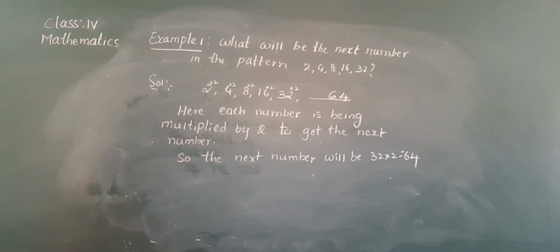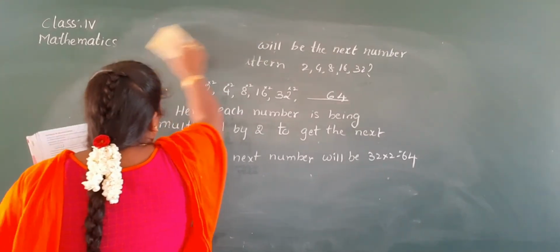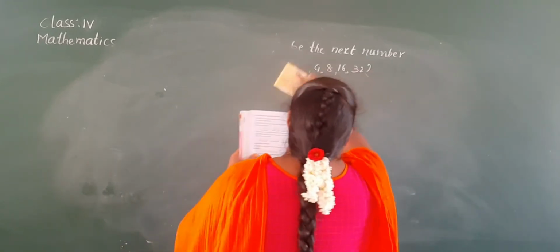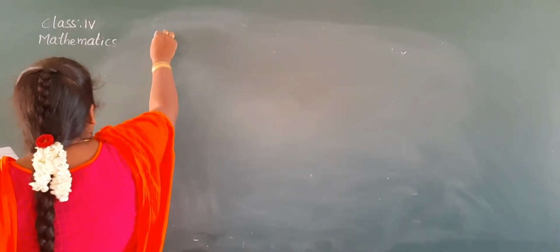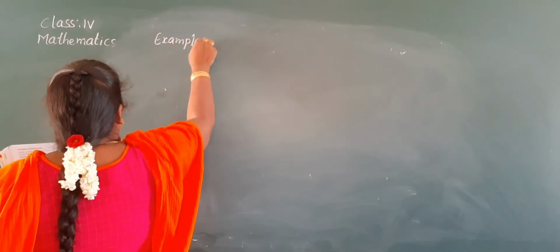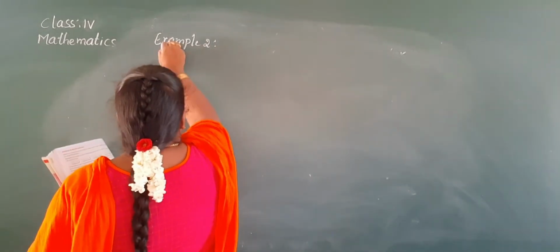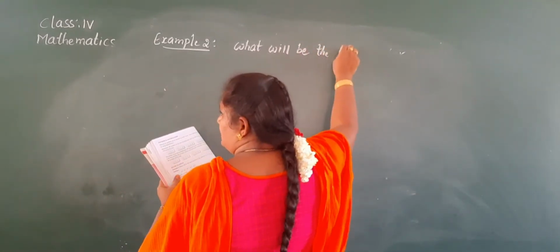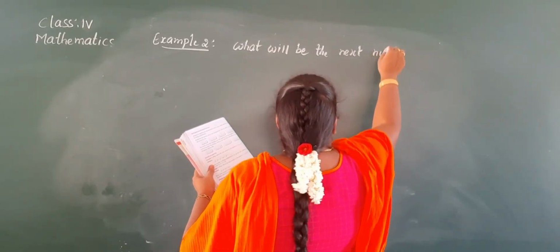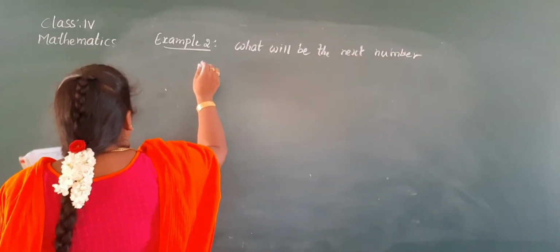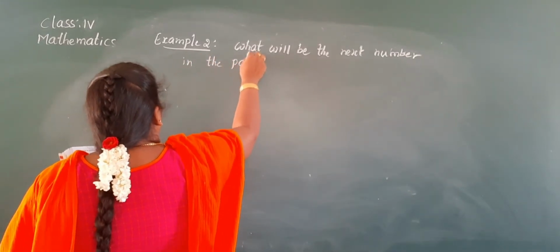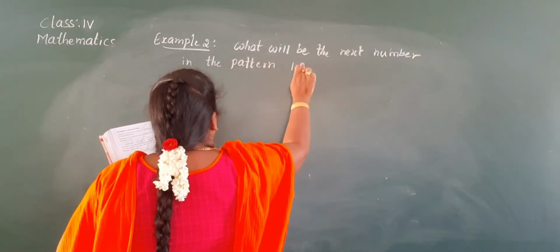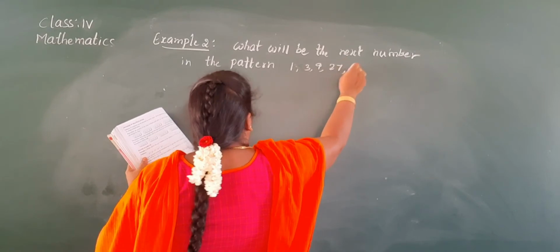Example 2. Come on, write example 2. What will be the next number in the pattern 1, 3, 9, 27, 81.